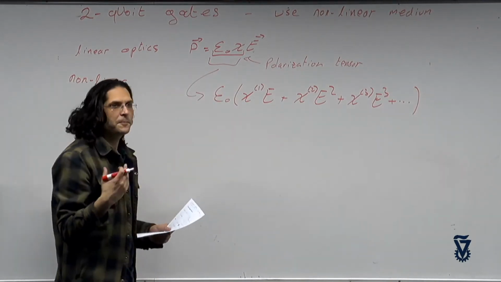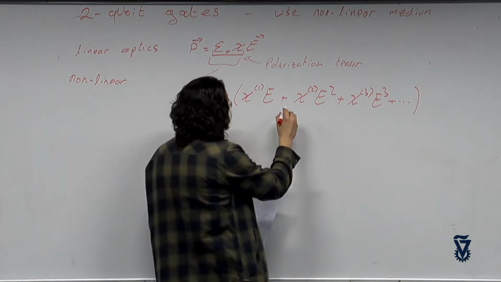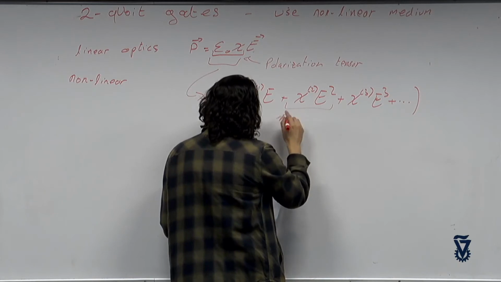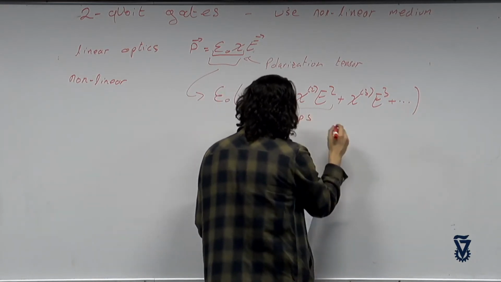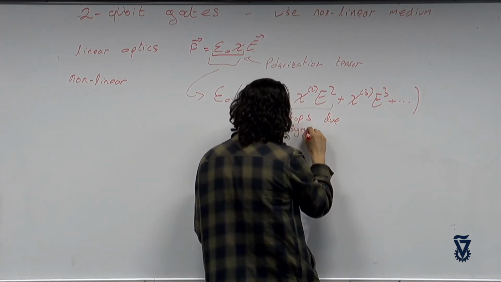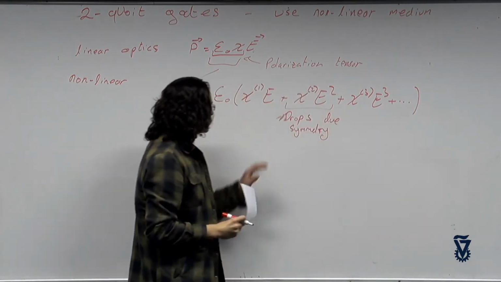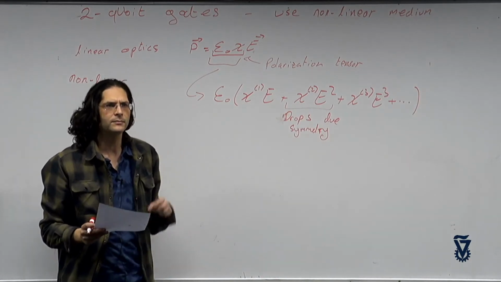Now what happens typically in real materials is that this term drops due to symmetry. It doesn't have to be the case, but in a lot of real materials, this is what happens.